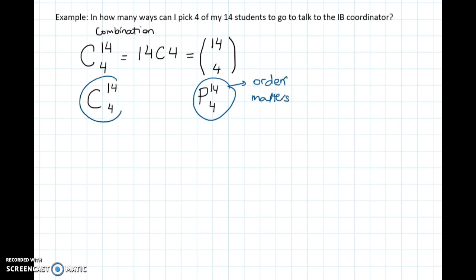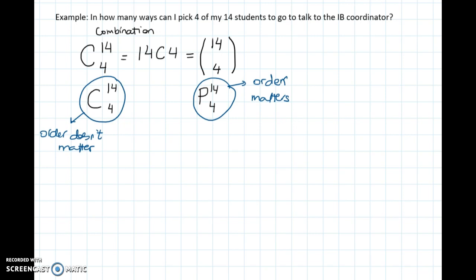And when I'm talking about combinations, the order doesn't matter. So we want to see how those two numbers are related, because the second one, the permutations, we already figured out how to find.